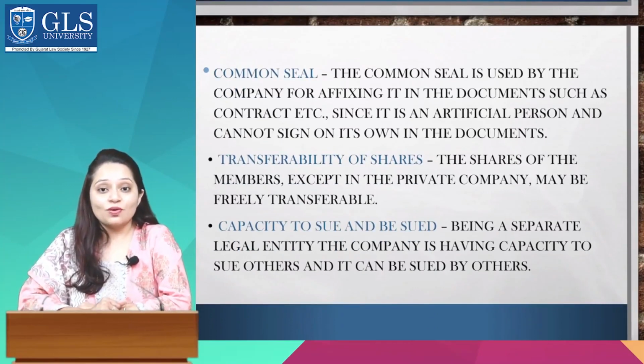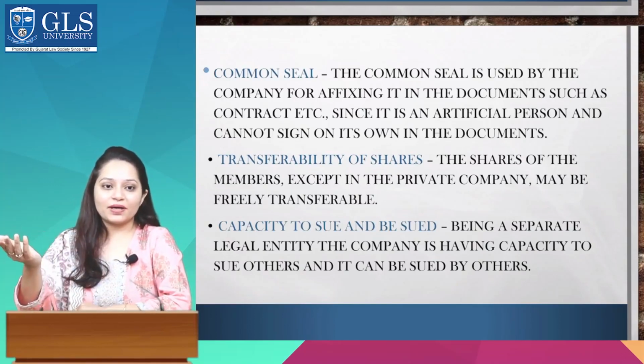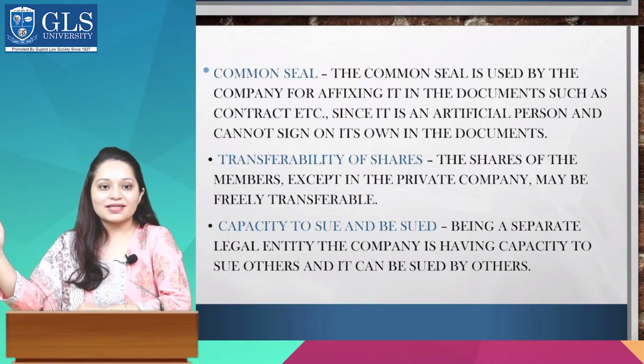The last and the most important characteristic is the capacity to sue and be sued. See, everything is flowing from separate legal entity because the company is given separate existence. Now the company has its own assets and liabilities. The company has its own common seal in order to enter into a contract.